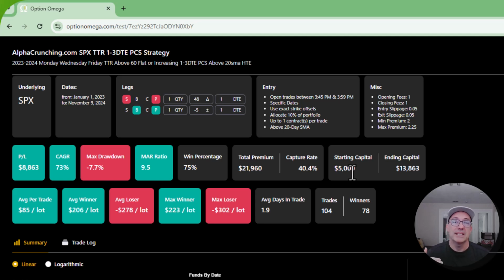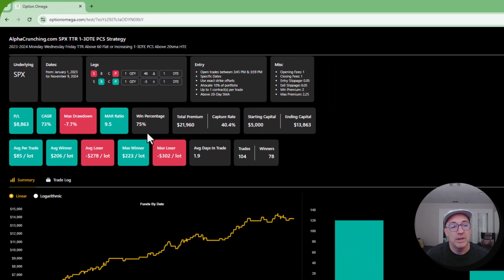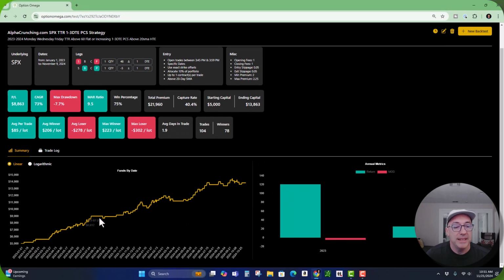We're just taking a fixed size and looking at what that does over time. So again, 75% win rate. The strategy had a pretty decent P&L curve over time, trading that one contract. But again, the position size itself would actually be decreasing because as the account grows, we're not increasing the size of the position. So that's the first thing we want to look at and compare.